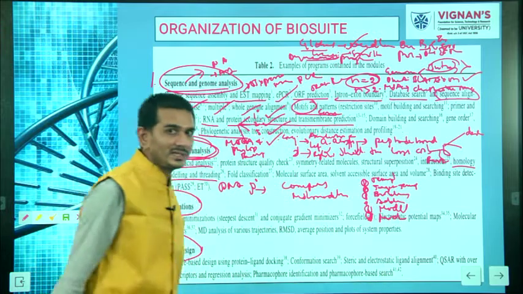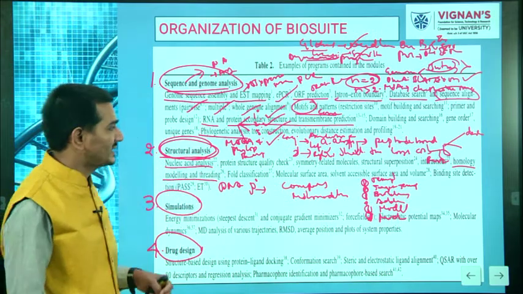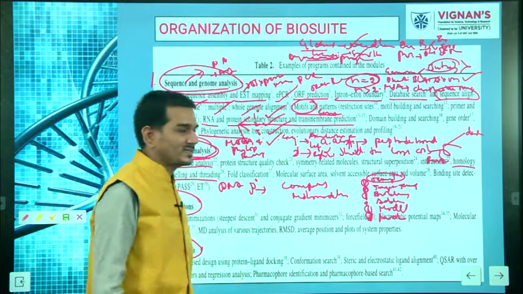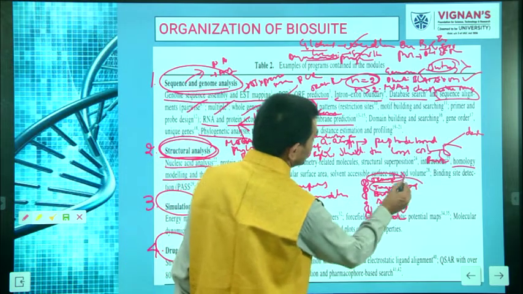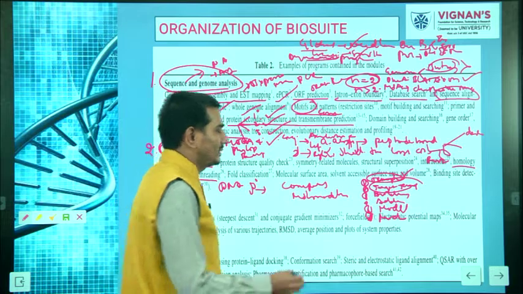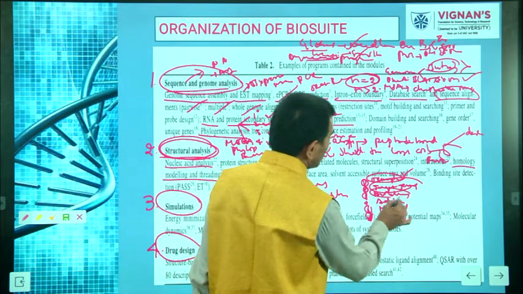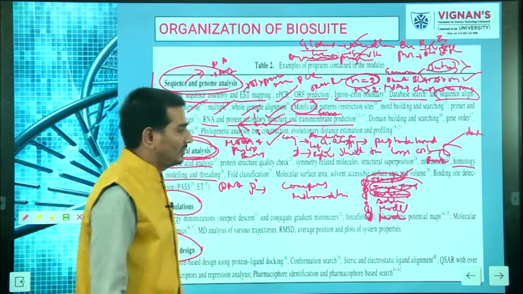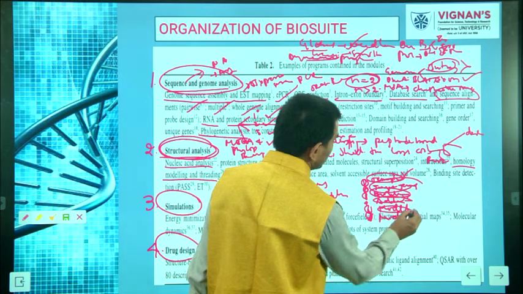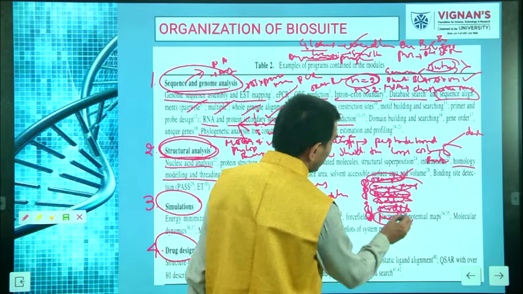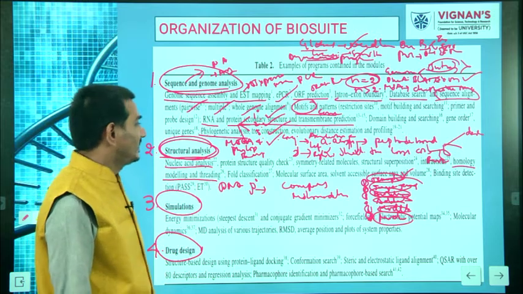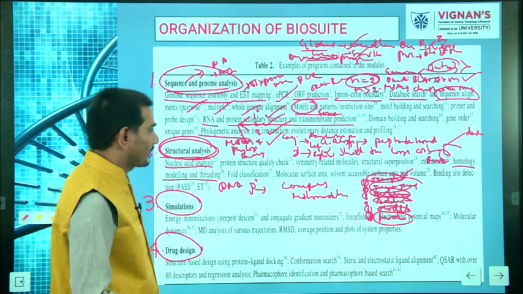Once the template is selected, next you need to find out the suitable target. So these are the 6 important steps in homology modeling.